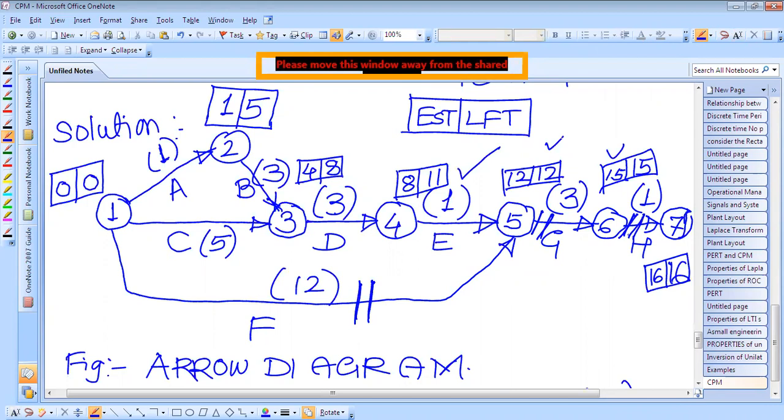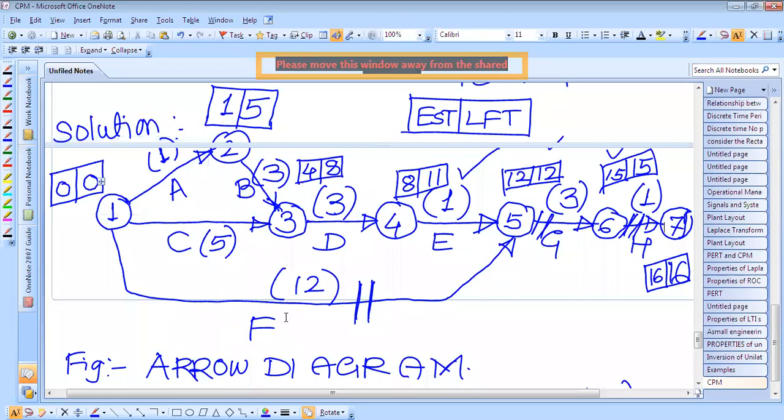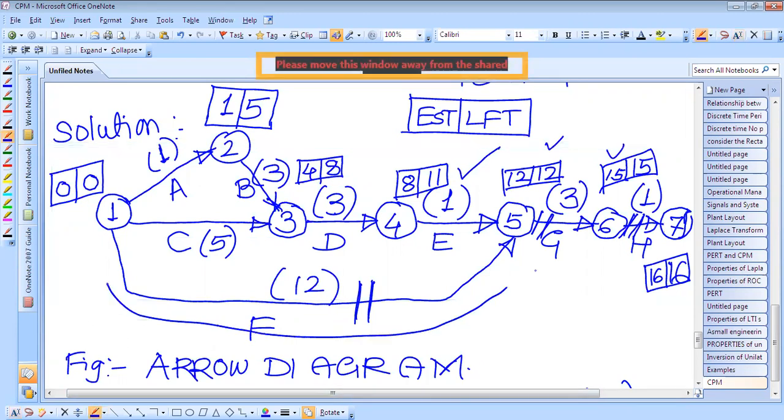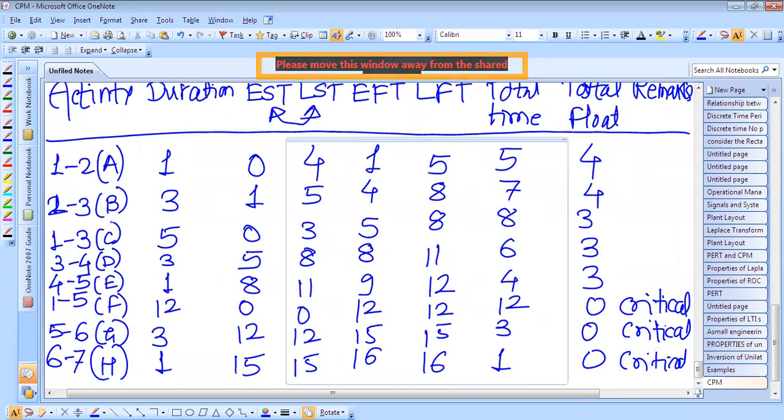And which one is the critical path? 1567. This 1567 is the critical path, because maximum time is taken for this; maximum days are taken for these activities. So this is the critical path, and therefore we can write here.